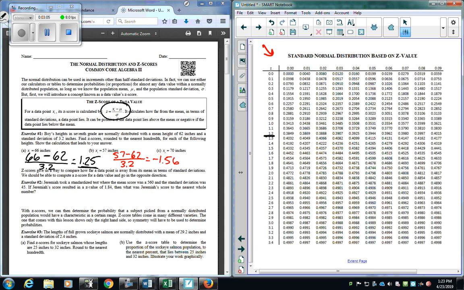In this case, this value, 0.3944, means that for 66, that's how far we are from that middle line. So we are 39.44% from the mean for the z-score of 1.25.